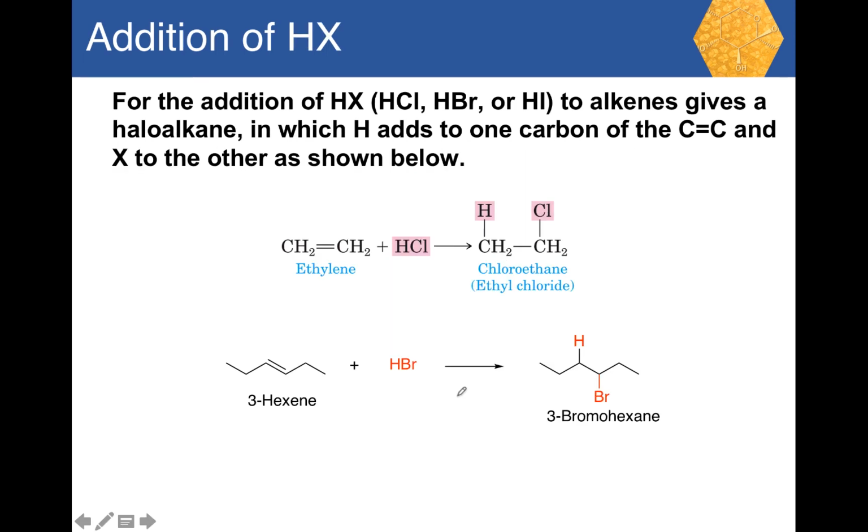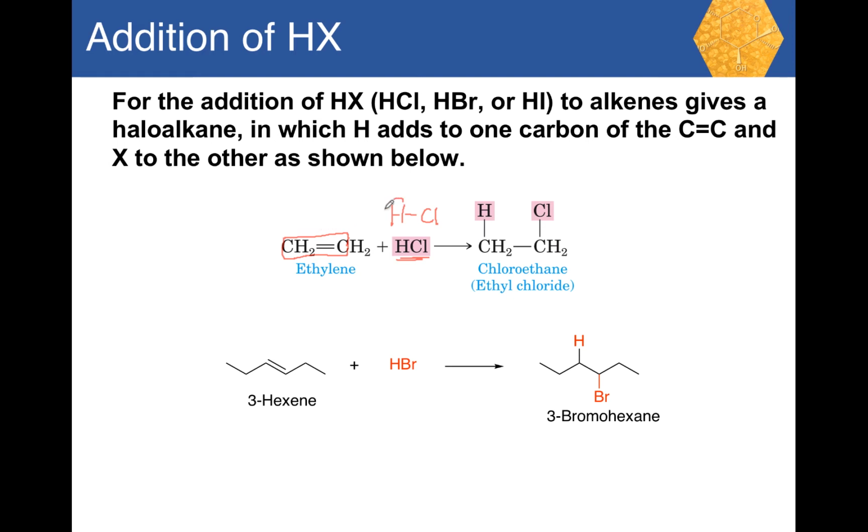Let us turn our attention to another addition reaction. This one is the addition of HCl. So that's H and Cl. Notice again, here is our functional group right here. Carbon-carbon double bond.